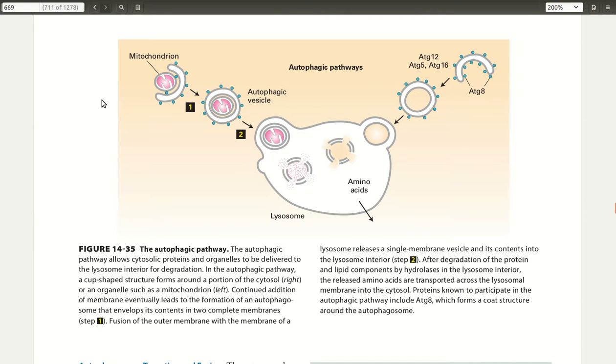And also there's another idea here where the lysosome is able to degrade full organelles such as mitochondria.